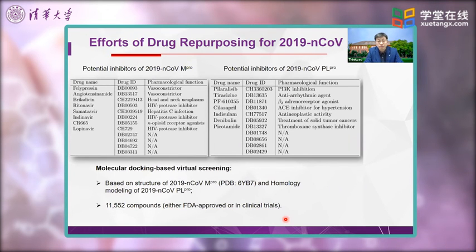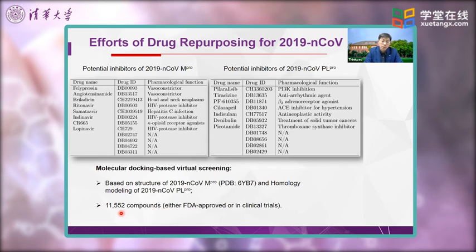Except those compounds, there's a research group that published a preprint paper. It described using molecular docking-based virtual screening, based on the structure of the novel coronavirus Mpro and PLpro structure. The library consists of more than 11,000 compounds.